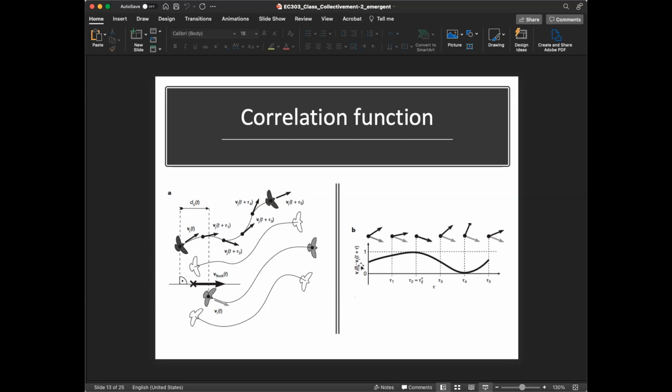If you now normalize this scalar product by their individual speeds, this quantity can vary between -1 and +1. +1 means that they are in the exact same direction, and -1 means that they are going in the opposite direction. Is it clear to everyone?